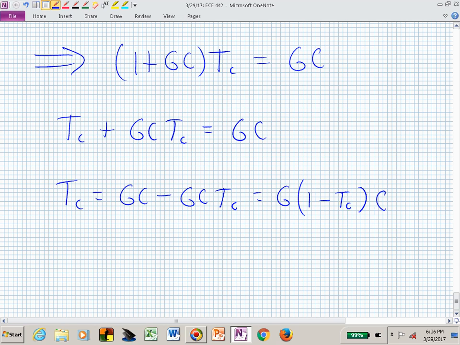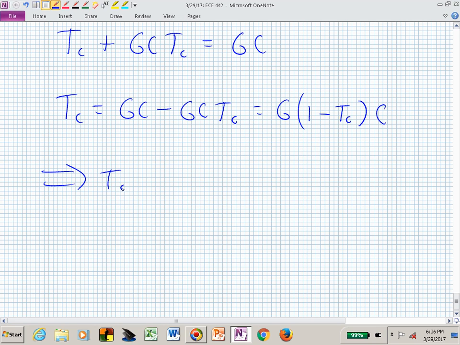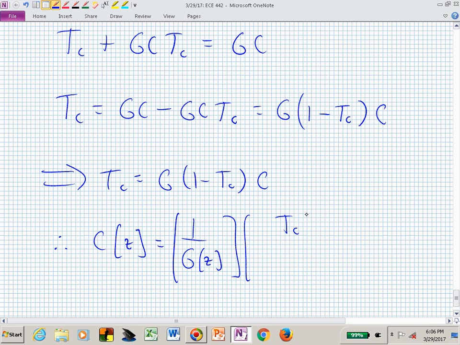As I said, I'm now wanting to solve for the controller, so now I have T sub C equal to G times 1 minus T sub C, times C. I can now solve that for the controller C of Z by dividing by G times the quantity 1 minus T sub C. If I separate those out, I'm dividing by G, and I have T sub C of Z divided by 1 minus T sub C of Z. This is now our direct controller design formula.